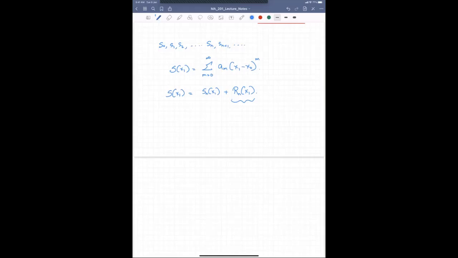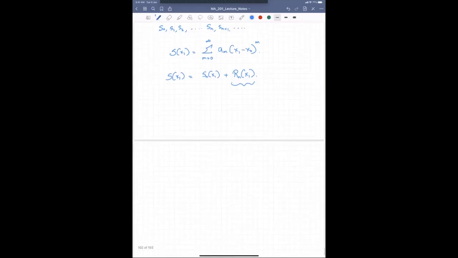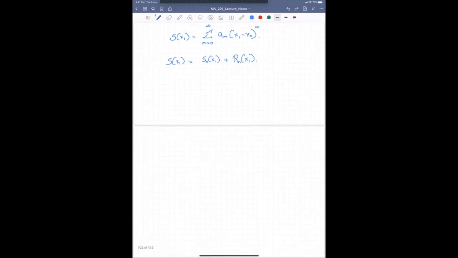So the point of a convergent series is that you can approximate the series to any level of accuracy by making the remainder as small as possible. If you turn this equation around, you can write the absolute value of this Rn as S of x1 minus Sn of x1.